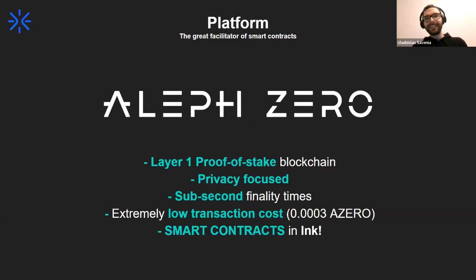And importantly, it has sub-second finality times and extremely low transactional costs. You can see on the slides, it's thousands, 10,000 after the dots. So yeah, it's rather cheap. And importantly, we are using Substrate, so consequently Rust environment and Ink as the preferred language for our smart contracts.